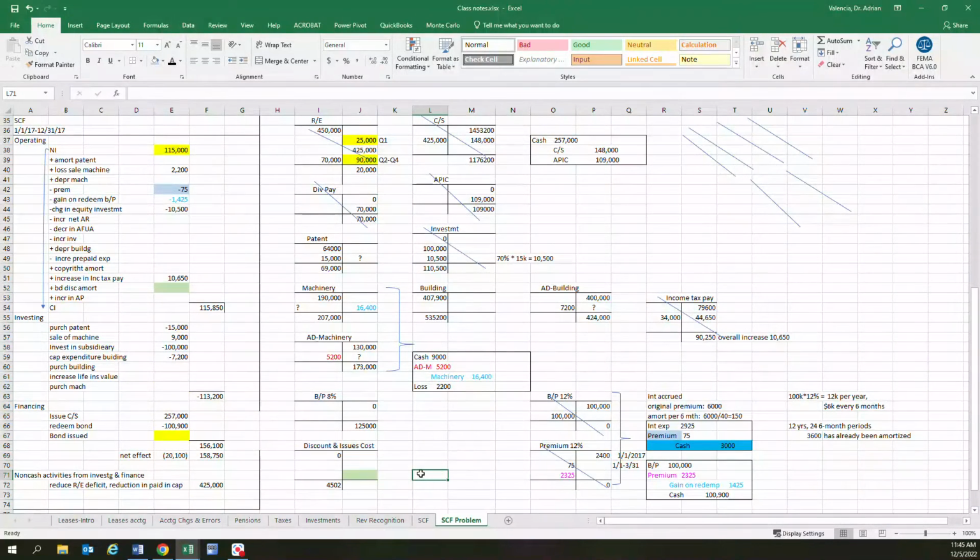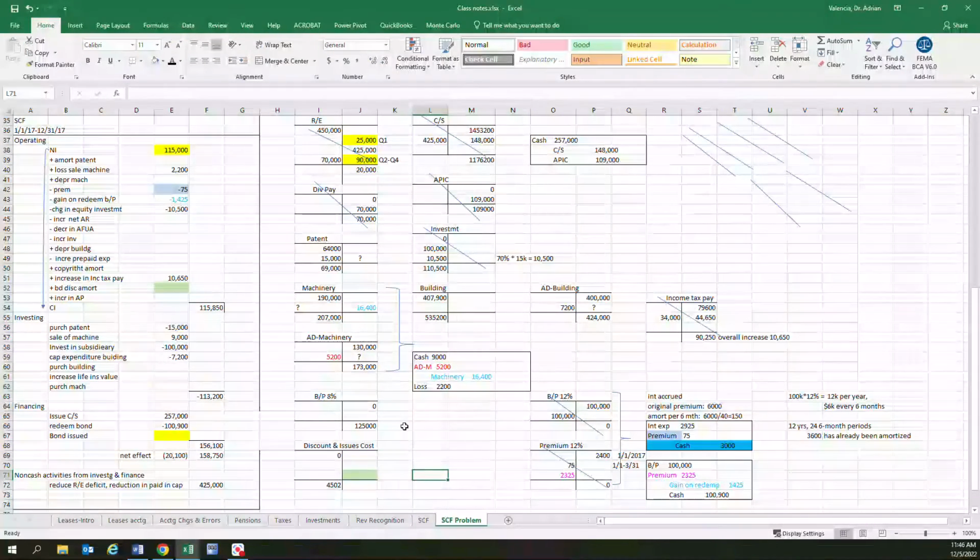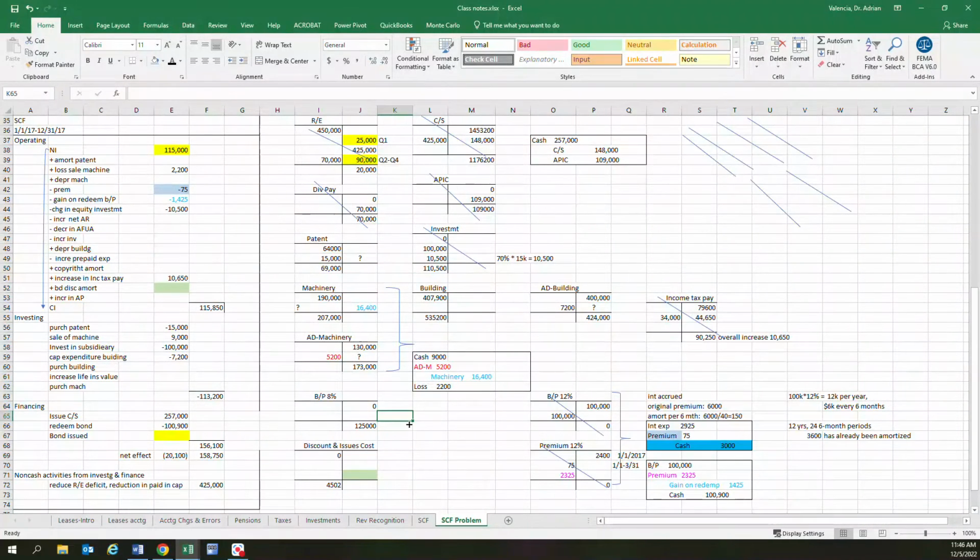Okay, so the first thing that I'm going to look at is the issuance of the bond. Okay, so I sold, here, let me put it right here. I issued a $125,000 bond at 97%. They told us that. So let me go ahead and do the transaction here.